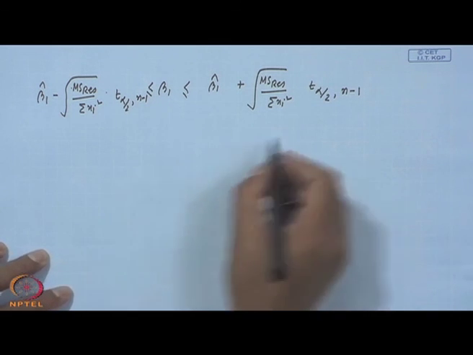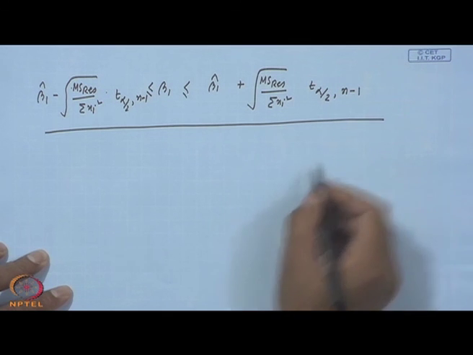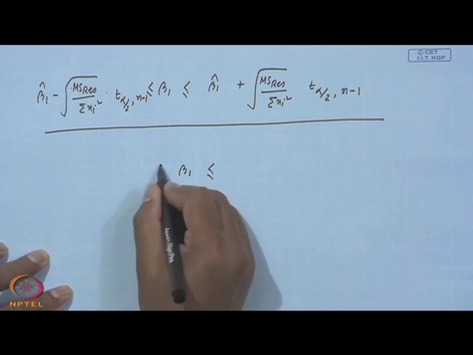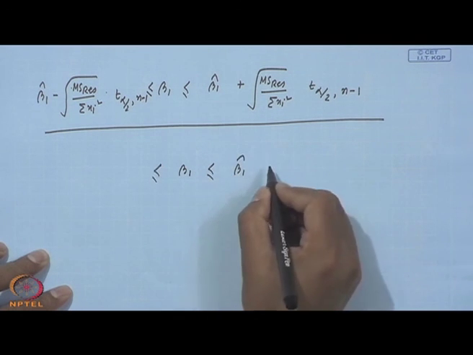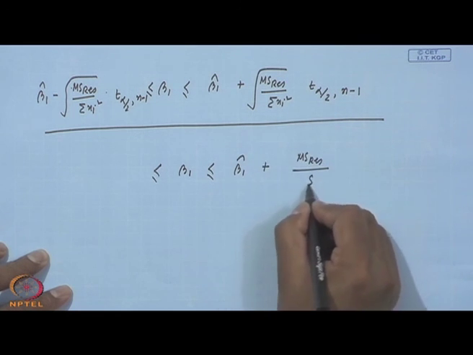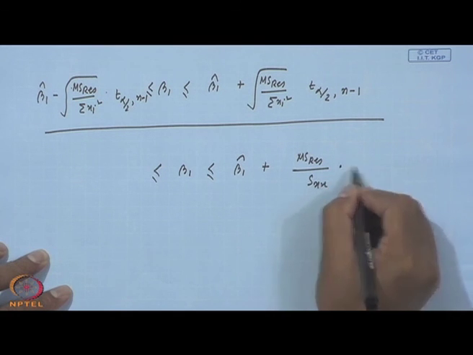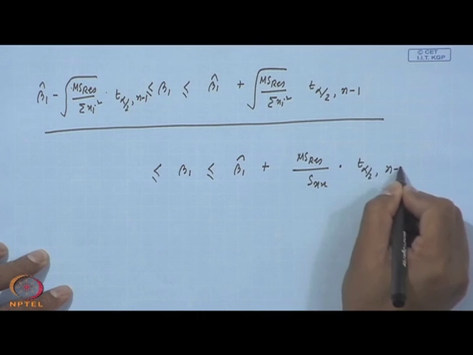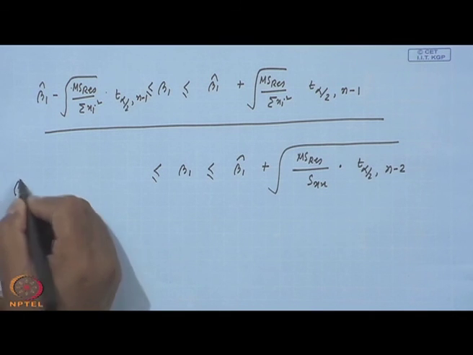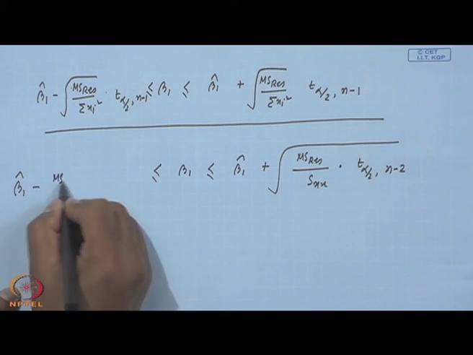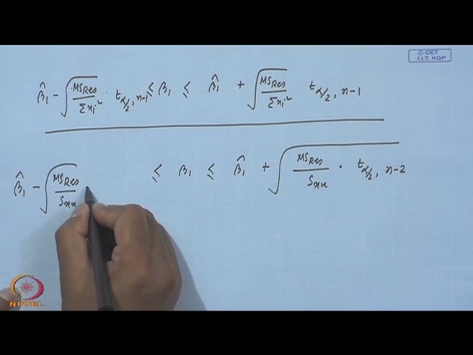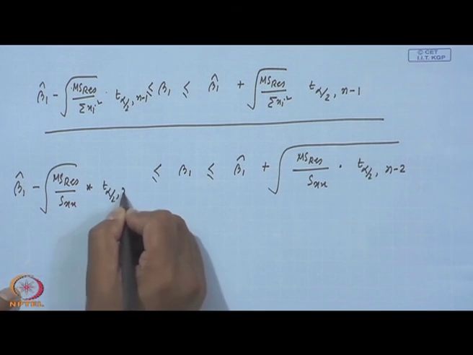Now, in the usual case when both beta naught and beta 1 are unknown, we get this confidence interval for beta 1. It is beta 1 hat plus the square root of MS residual by Sxx into t alpha by 2, and the degree of freedom is n minus 2. This is the upper limit, and the lower limit is similarly beta 1 hat minus the square root of MS residual by Sxx into t alpha by 2, n minus 2.